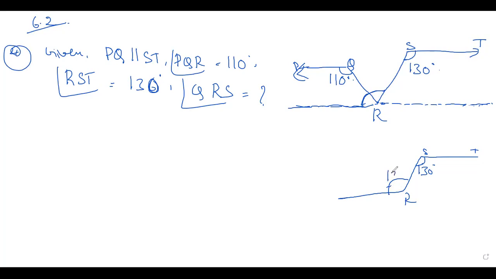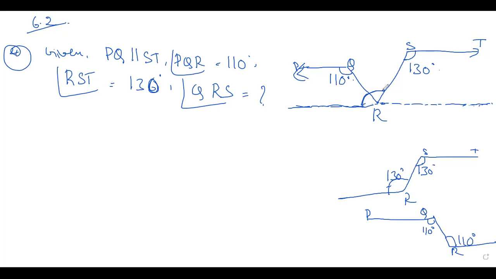This is 130 and it is also 130, right? And look at how the lines are here, this is PQ. I am just splitting and showing. PQ and this is R and Q is given. So R is also 110 degree.